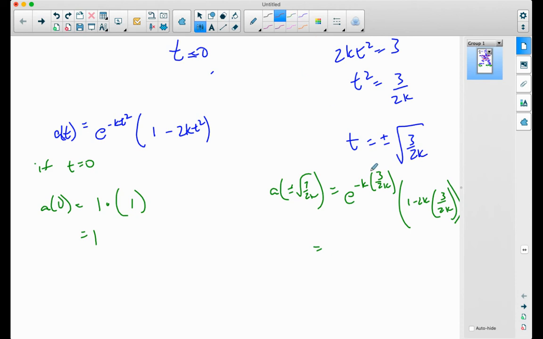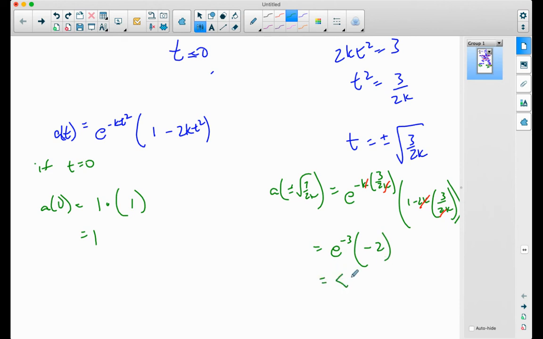Which, if I think about this, the k's cancel, the 2k's cancel, and I am left with e to the negative 3 times 1 minus 3, which is negative 2.